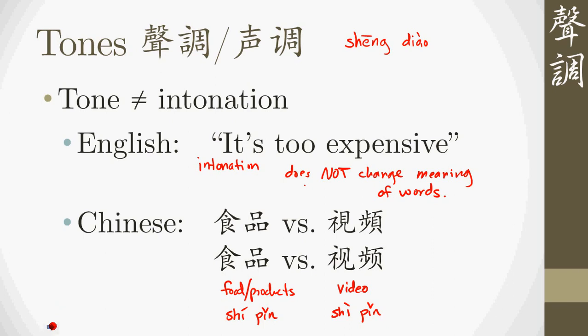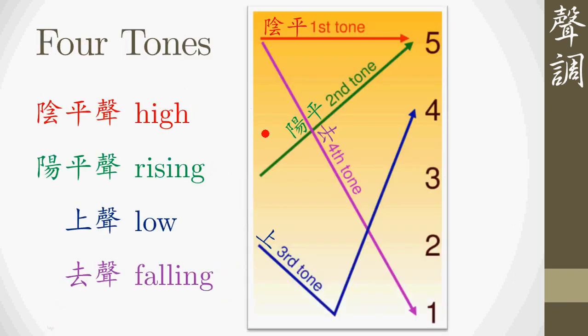Okay? The four tones of Mandarin Chinese are the high tone, or also known as the yin ping sheng. And as you can see on the diagram, it's the highest tone and it is completely flat.